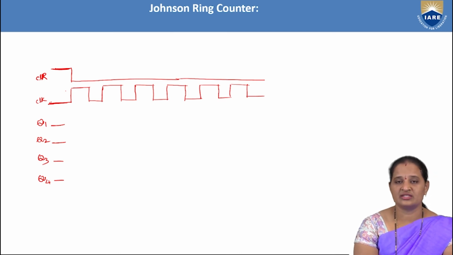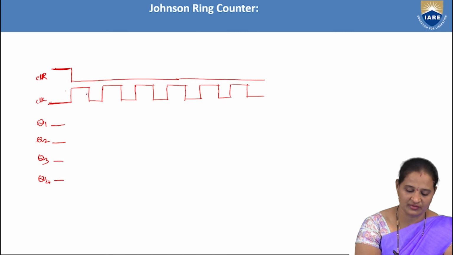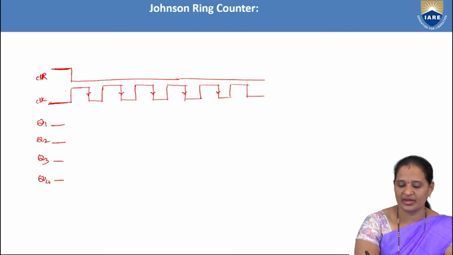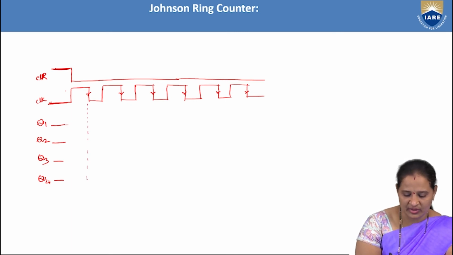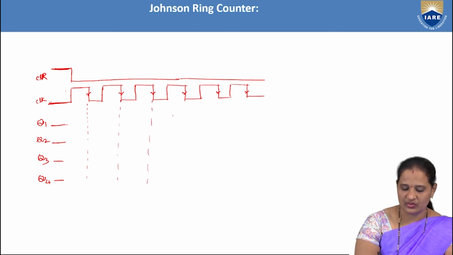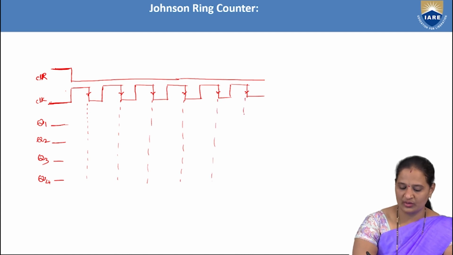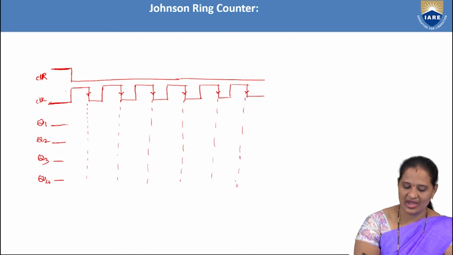Now, as we have considered, it is a negative edge triggered flip-flop. So here we have to consider all the negative edges. These are the negative edges. Up to this negative edge, it will continue its state at 0. Whenever the clock goes from 1 to 0, the change happens.